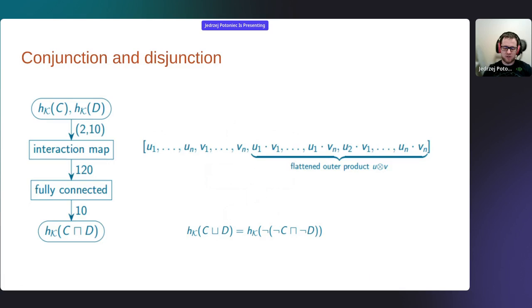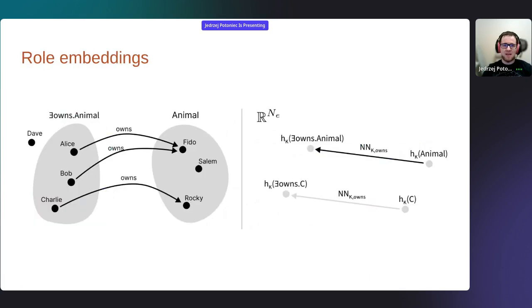Recursive neural network, meaning that in a similar way as there are grammars, for example. And those reasonable embeddings are only concerned with roles and concepts. They don't go into the level of individuals.